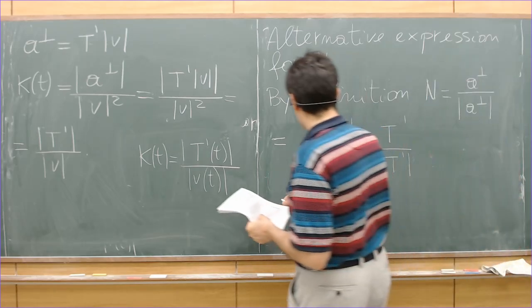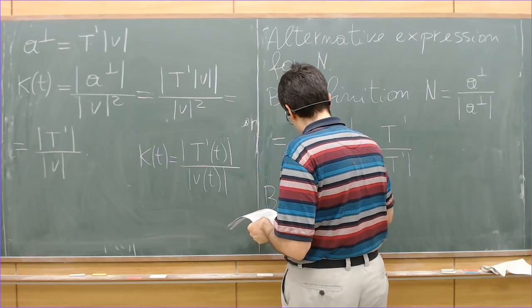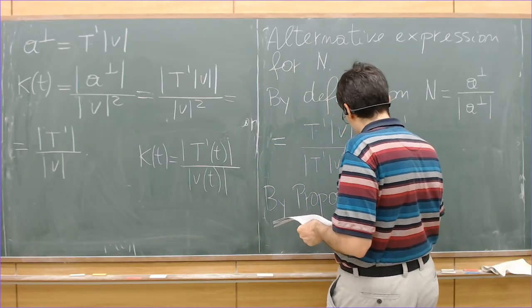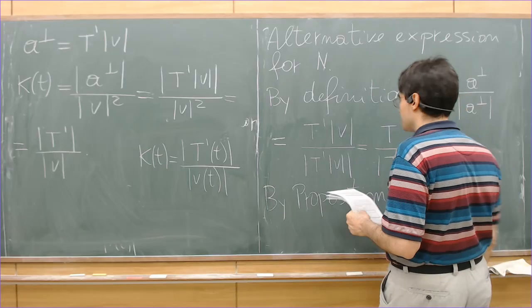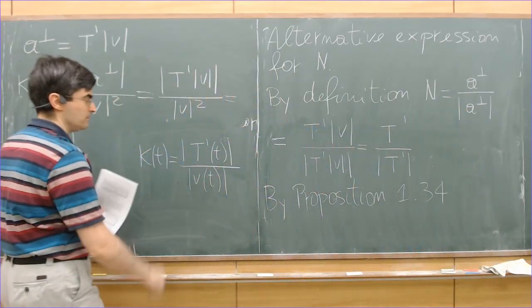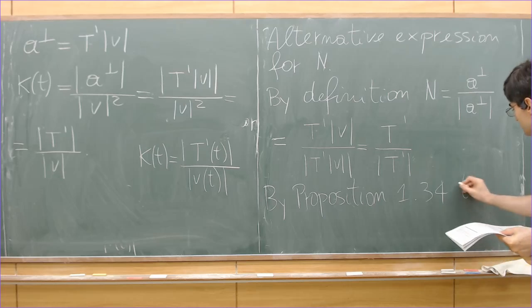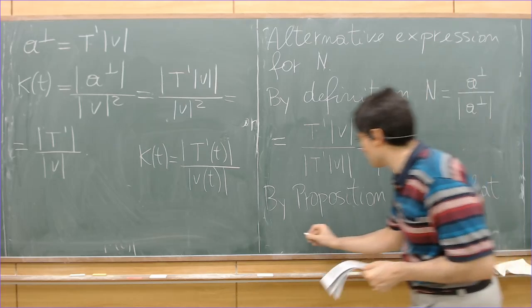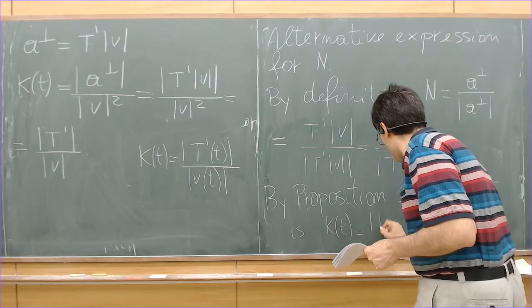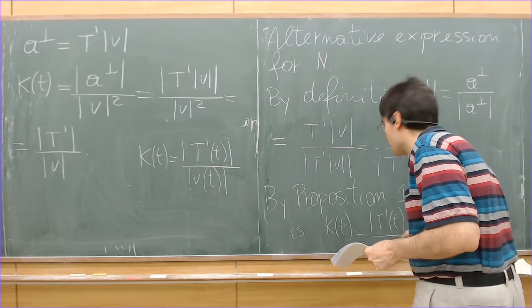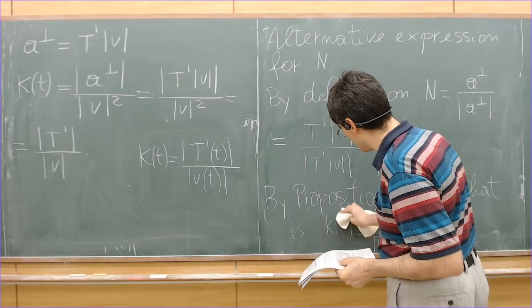Now let's use proposition 1.34 again. That is this formula here. Let's drop the dependence on t.